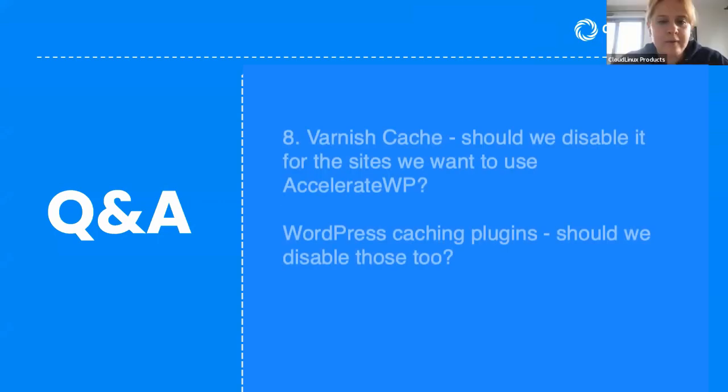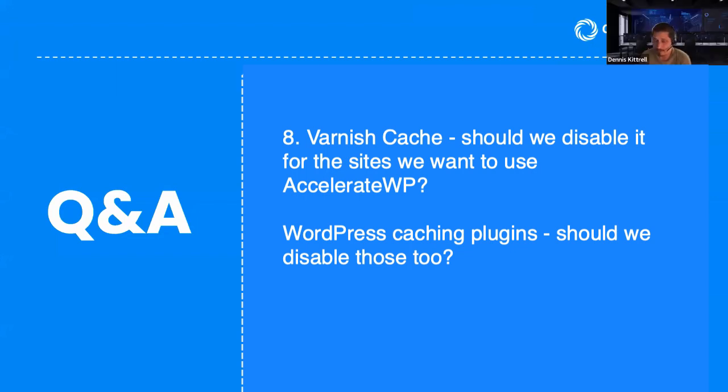Varnish Cache, should we disable it for the sites we want to use AccelerateWP? And WordPress caching plugins, should we disable those too? So I would say that generally the answer is yes, but it also could be that you simply wouldn't get advice to enable our Accelerate WordPress plugins with those turned on. But maybe correct me if I'm wrong, Sergey or Stanislav.